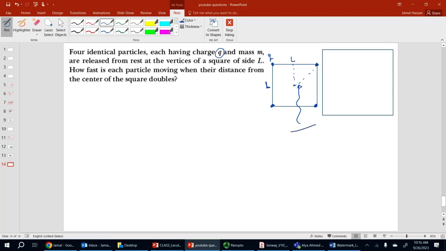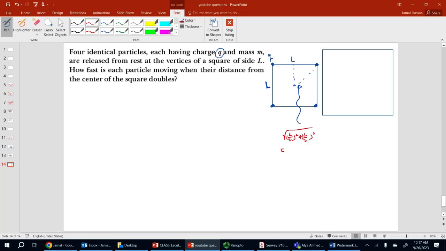This is equal to the square root of L divided by 2 squared plus L divided by 2 squared.